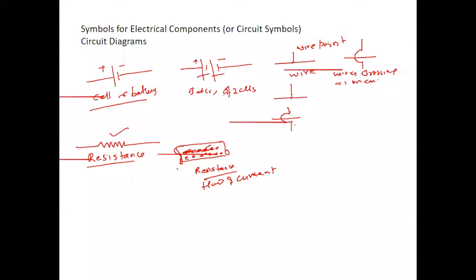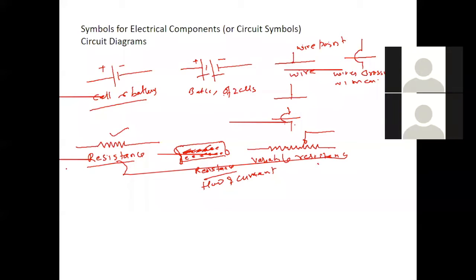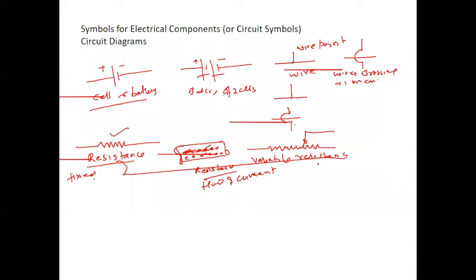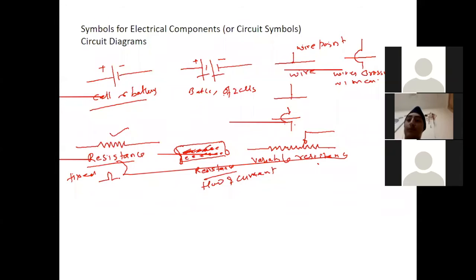Then another is called variable resistance. Okay, the difference between this resistance and this resistance: this is a fixed resistance. Resistance, in the next slides in a later stage we will see the unit is ohm.